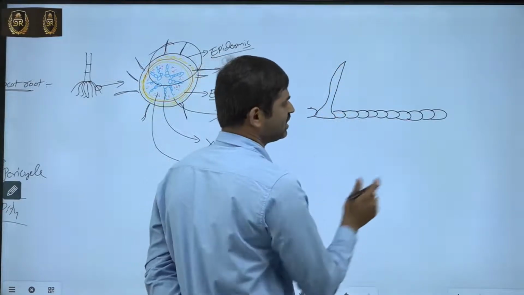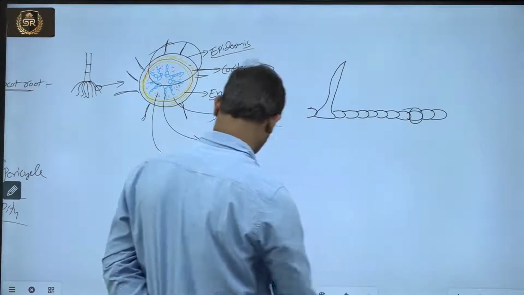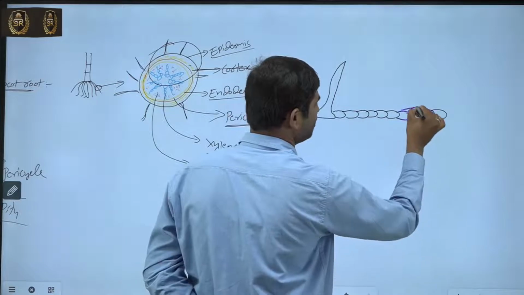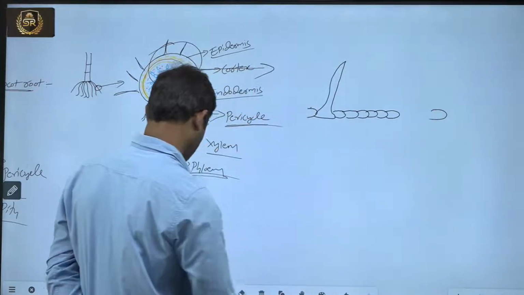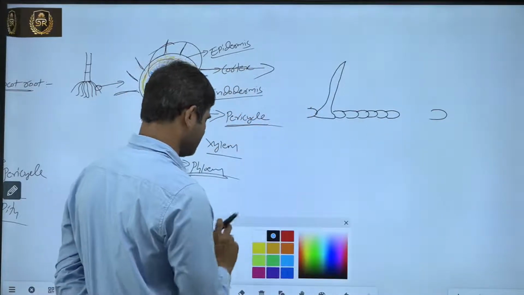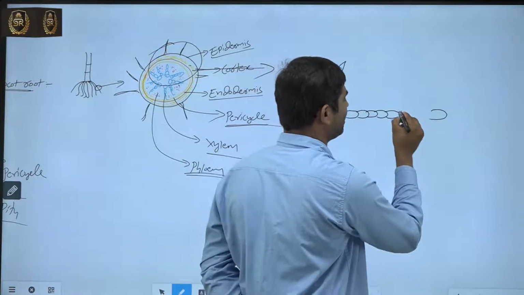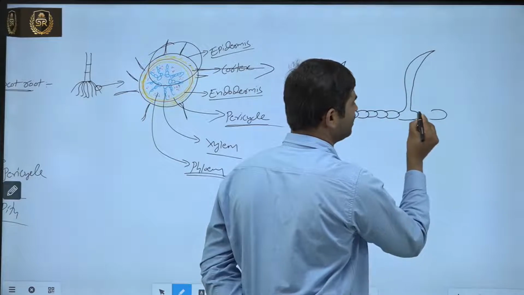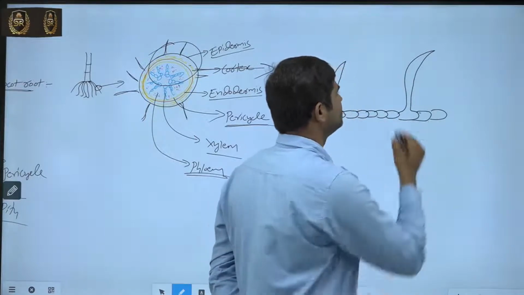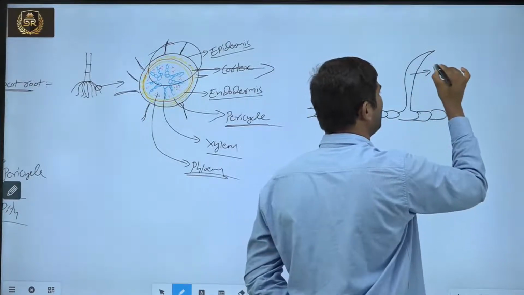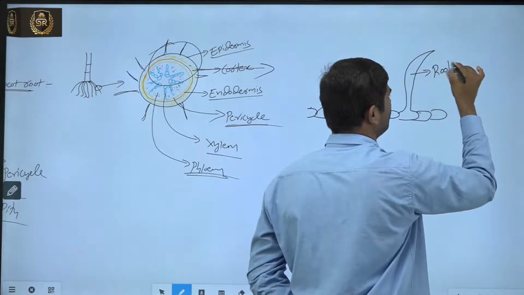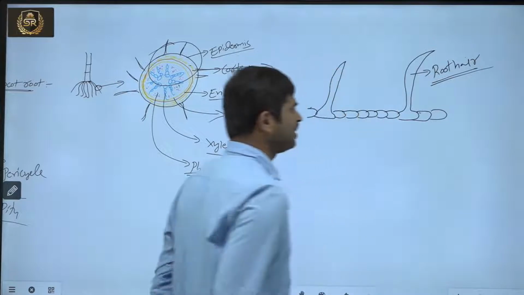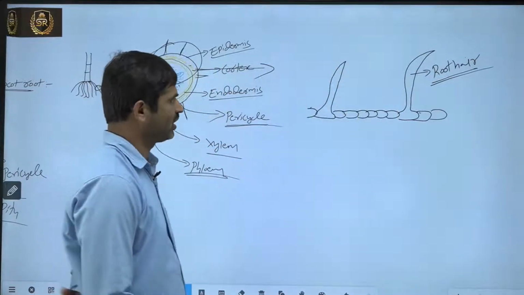Some epidermal cells extend outside. That is called a root hair.